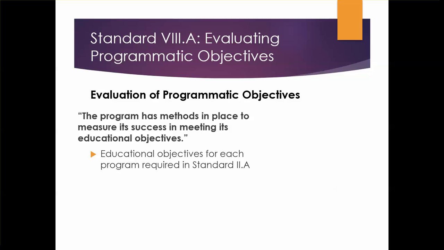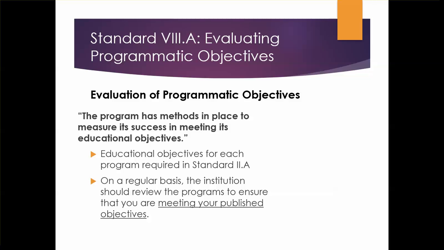And they should be stated in measurable terms so that on a regular basis you're reviewing your programs to ensure that you are meeting whatever objectives you have established. And it's up to you to determine how that's done. There aren't any specific requirements or directives from the Commission, but the school should have something in place that makes sense for how it's meeting its objectives.